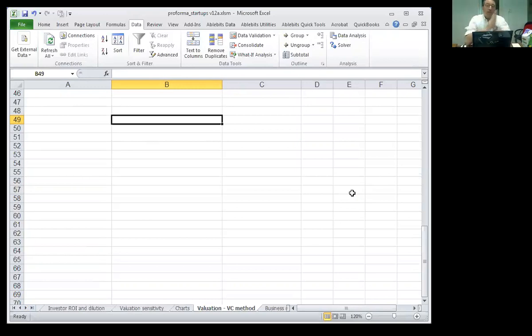I need a volunteer. Who's a volunteer? Okay, so we're going to derive the valuation for your company from a few simple numbers that you're going to give me. I need to know how much you will sell your company for.